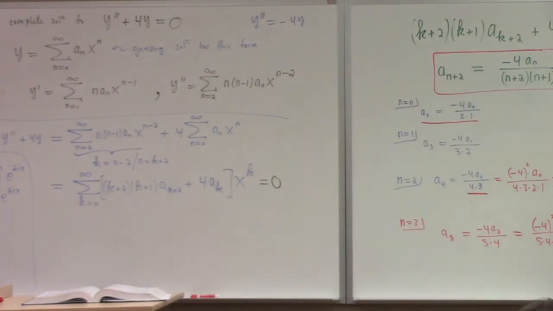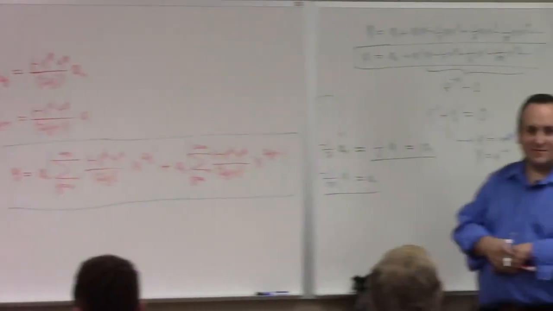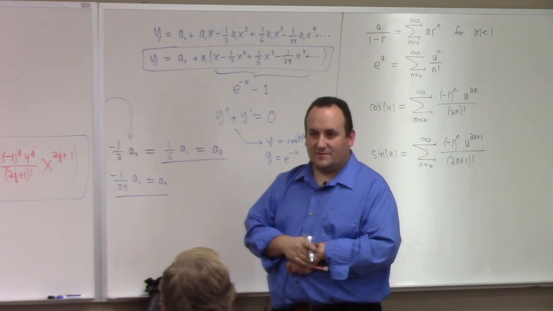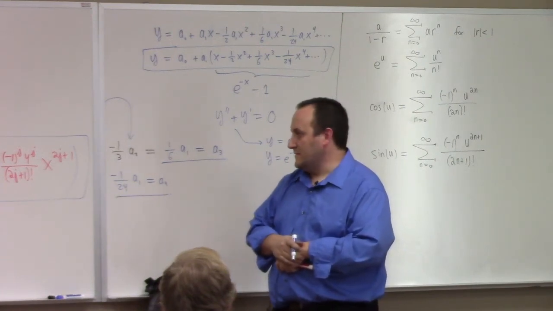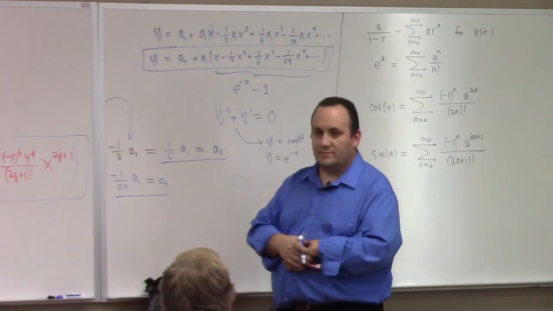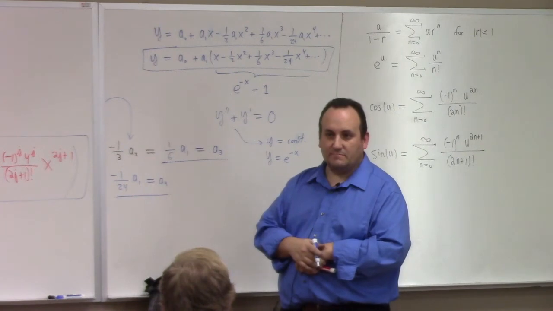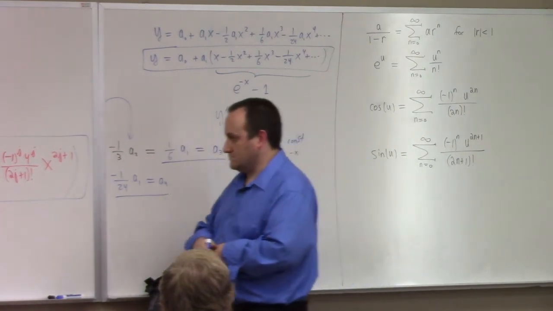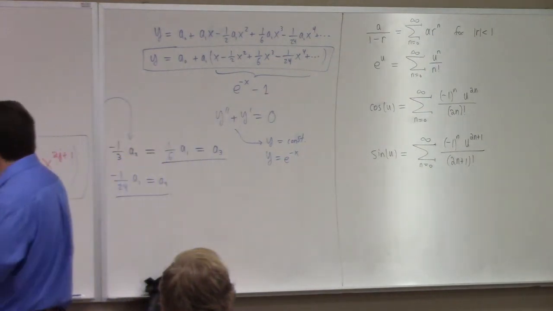But now that we've done all this, this is actually a more important question, right in the heart of the strike zone, so to speak, if you believe in that sort of thing. What are these power series that we found? Yeah.